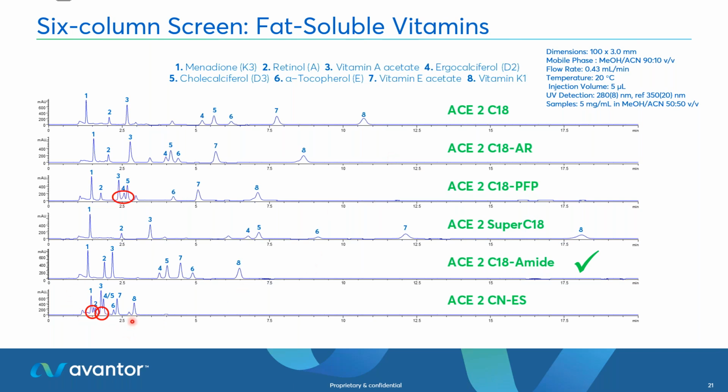And if you look at the difference in retention windows as well, for example, here, the CNES, everything is coming out really early. You've got coelution of multiple peak pairs. But on the super C18, the retention time is significant. So thinking about those different selectivities, how they're interacting with your analytes of interest can be really helpful.